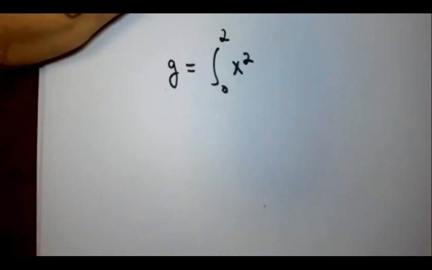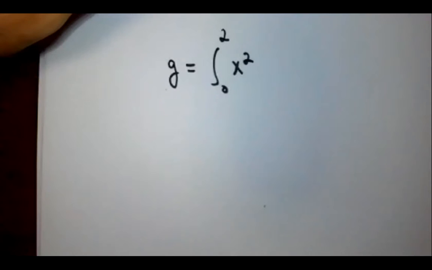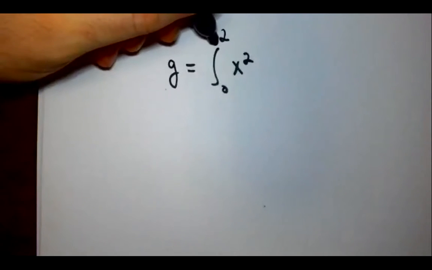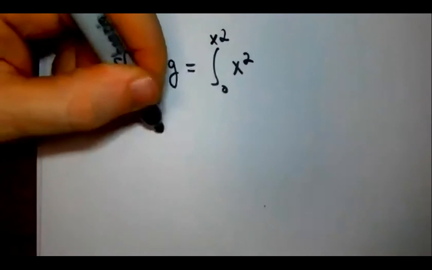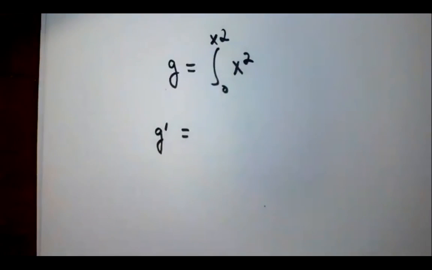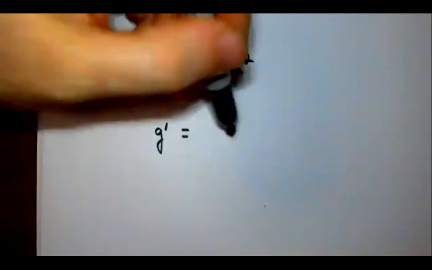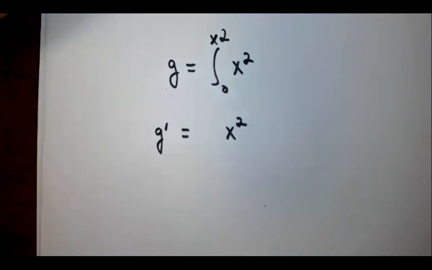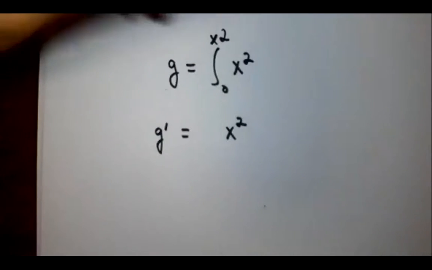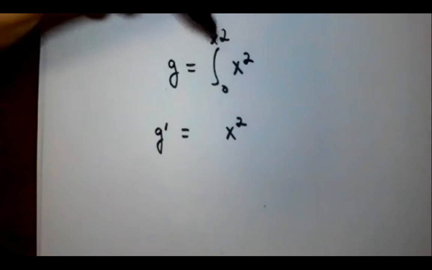And I'm telling you that when we take this derivative, G prime is going to just be what you have inside here, x squared, but you're going to be multiplying it by the derivative of the bound you have.